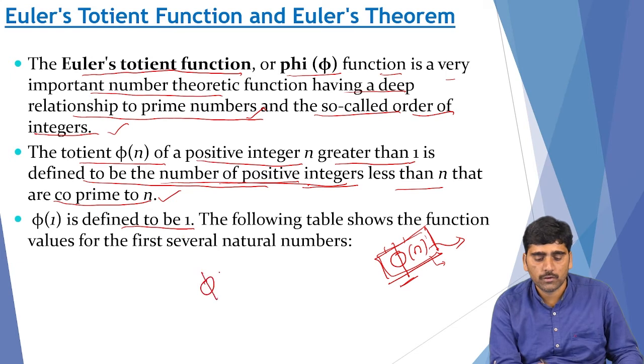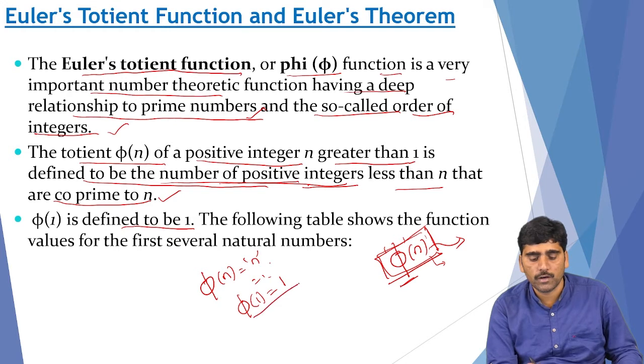So if n is 1, then phi of 1 equals 1. That is what we defined here.